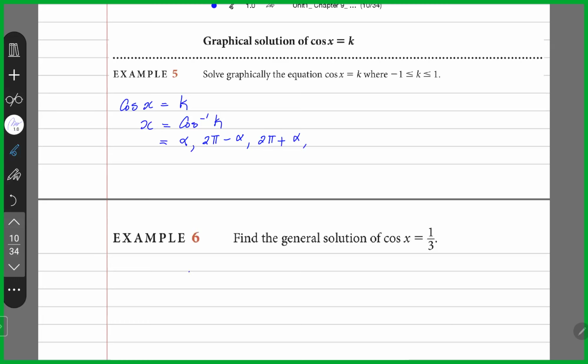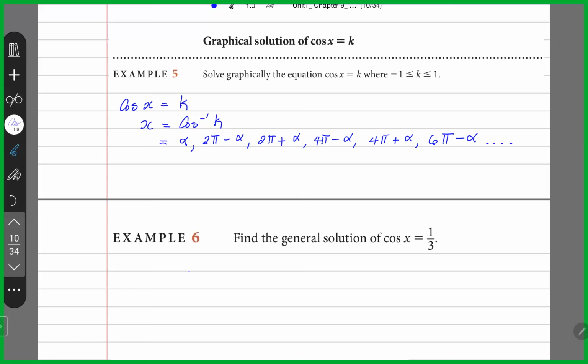And then the answer in the fourth quadrant is going to be 4 pi minus alpha. Now, in the next 360 degrees, from 720 onwards, it's going to be 4 pi plus alpha in the first quadrant. And in the fourth quadrant, it's going to be 6 pi minus alpha.